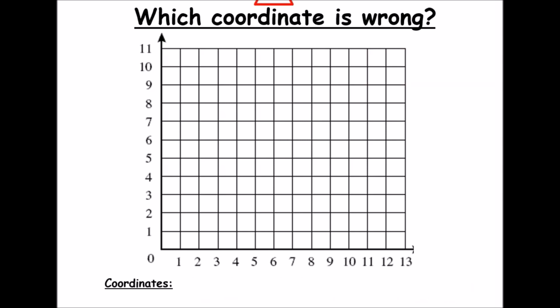Off we go. So this time, which coordinate is wrong? And obviously we've got a triangle this time. Okay, let's have a look. 5, 7. 5 across along the corridor, 7 up the stairs. That's definitely one of our vertices.